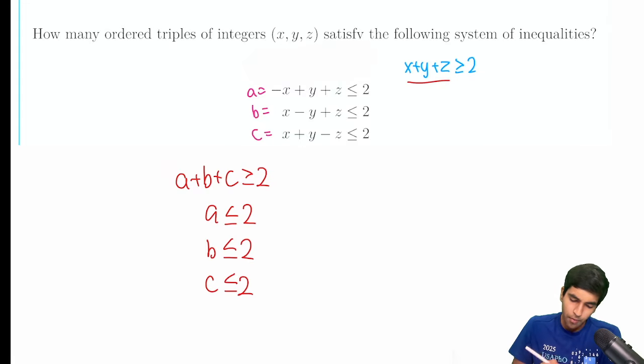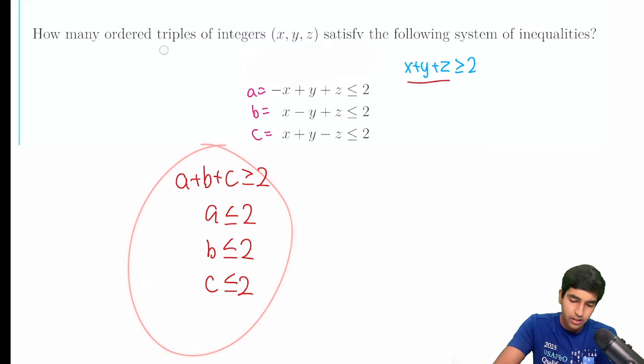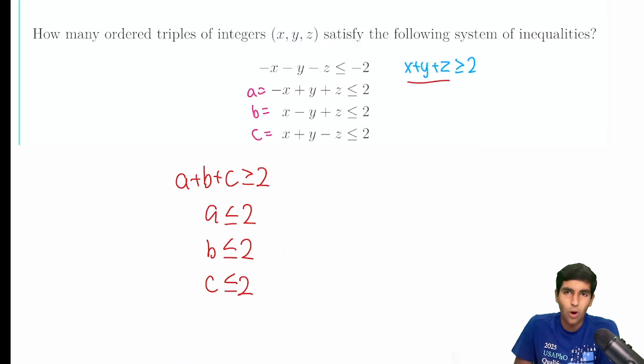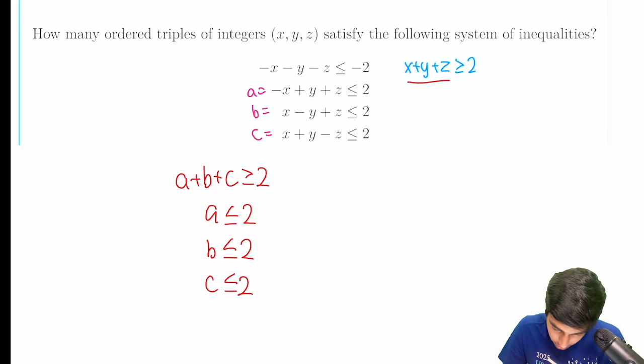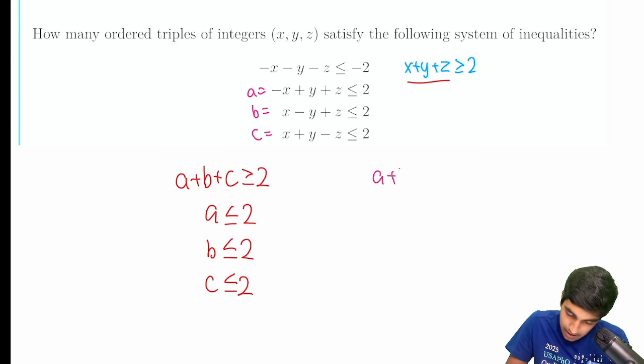Okay, so we have A, B, and C, but how does that translate to x, y, and z? What if there's not always a solution for x, y, and z? Here's where we solve for x, y, and z in terms of A, B, and C. Let's start with x, and then it will all follow from there. A plus B plus C is x plus y plus z, right?